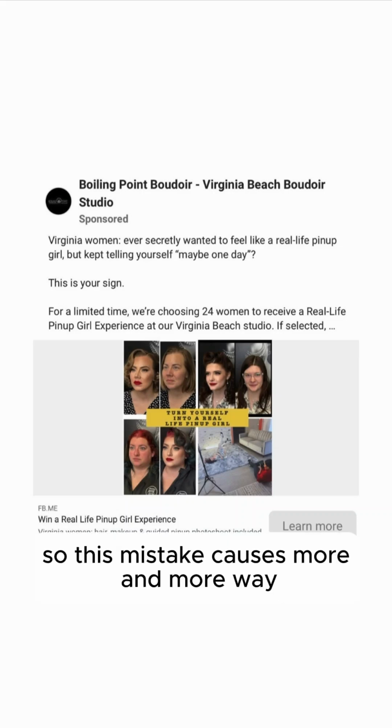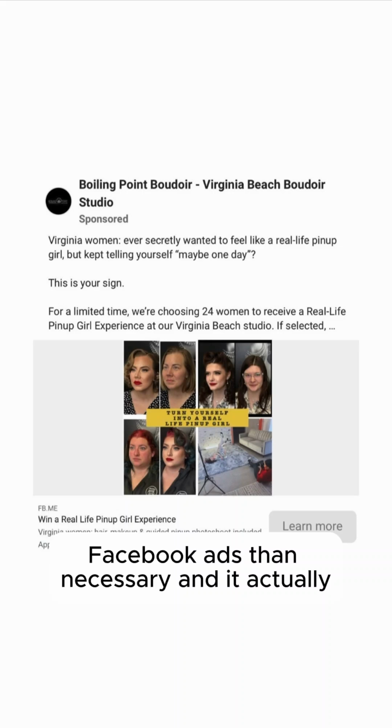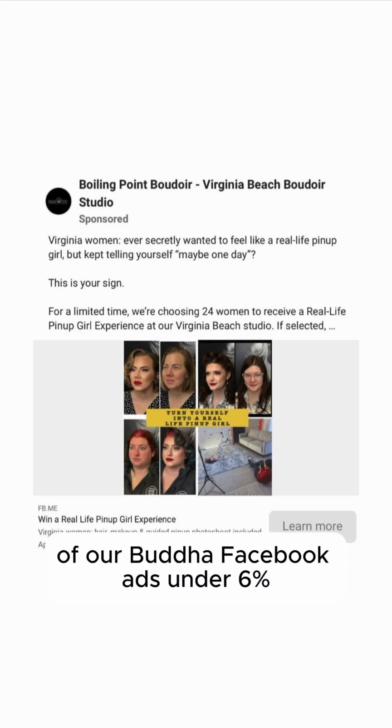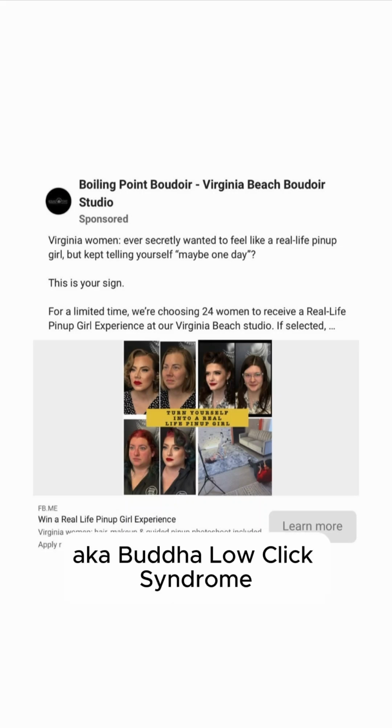So this mistake causes way more women to scroll by our Boudoir Facebook ads than necessary, and it pulls the unique CTR under 6% and increases the probability we have BLCS, aka Boudoir low-click syndrome.